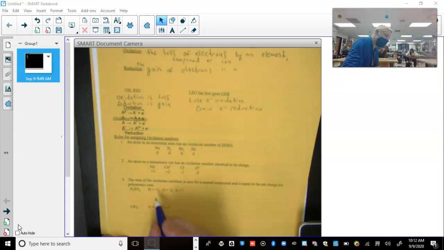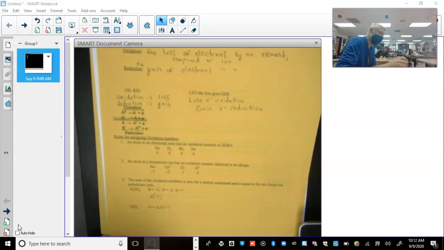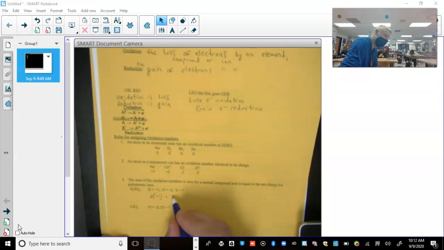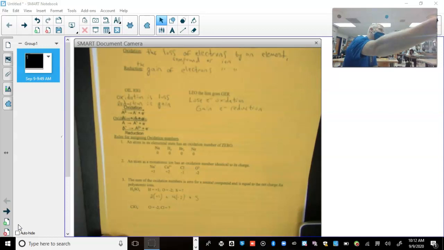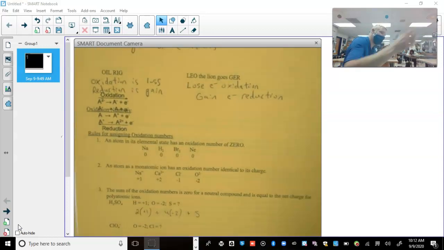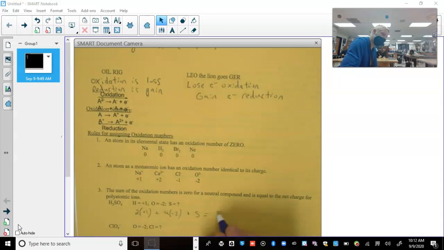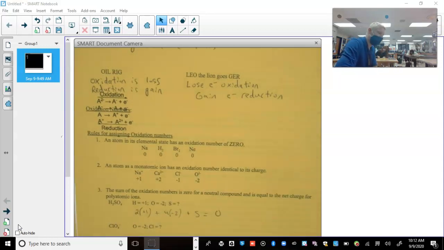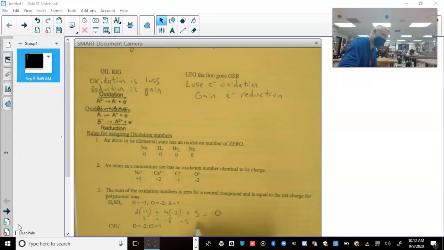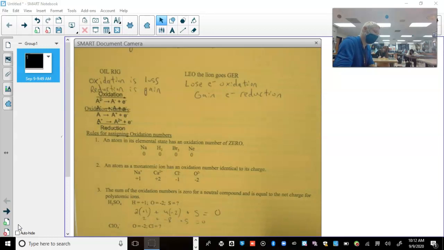So that means hydrogen, there's 2 of them, so 2 times +1, plus oxygen, there's 4 of them, 4 times -2, and then there's sulfur, there's 1 of them, I'm just going to put S for sulfur, and this equals 0, which is the overall charge. So 2 plus -8 plus S equals 0. What's 2 minus 8? That's -6.